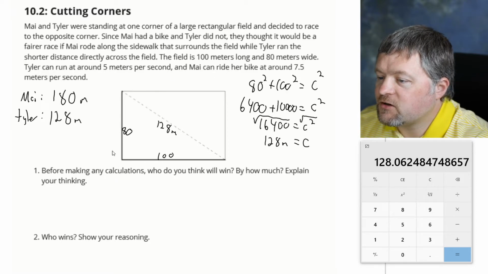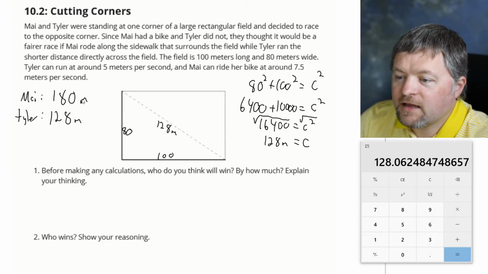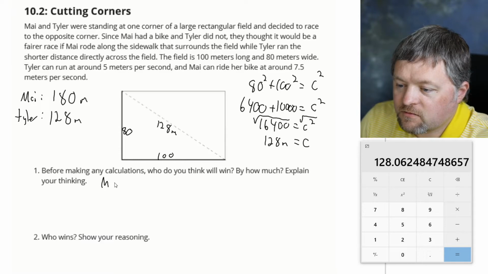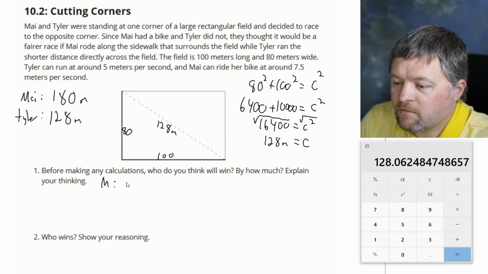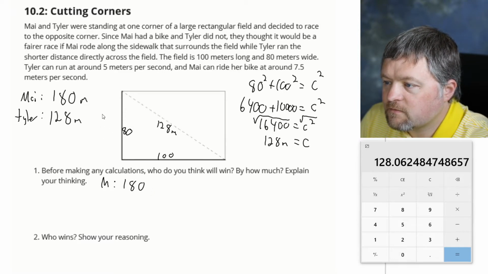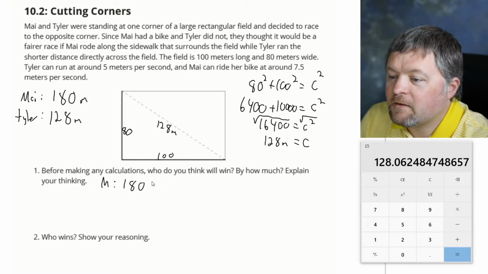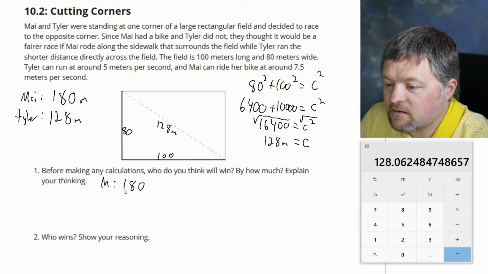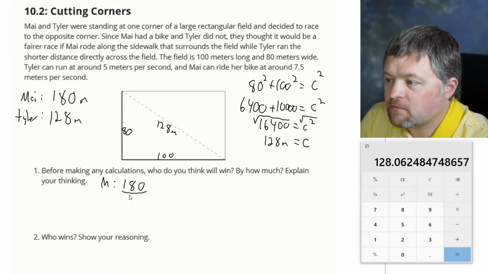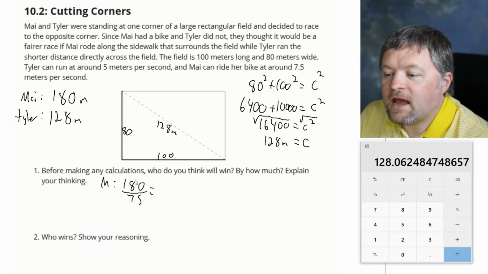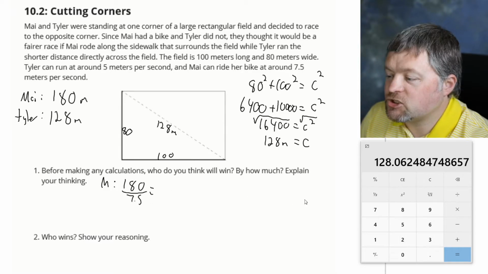Let's try to calculate this now. If Mai goes 180 meters and she is going 7.5 meters per second, we have to figure out how many seconds she was going.